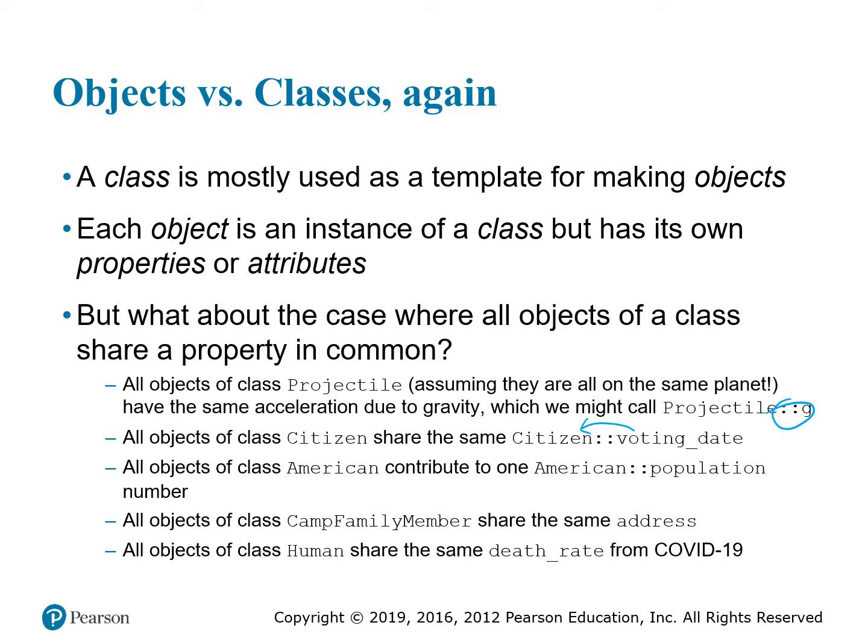But if we're just simulating a bunch of humans and we're not taking those fine-grained details into account, we could just define human::deathRate and leave it at that. And then each human object could reference the same death rate.